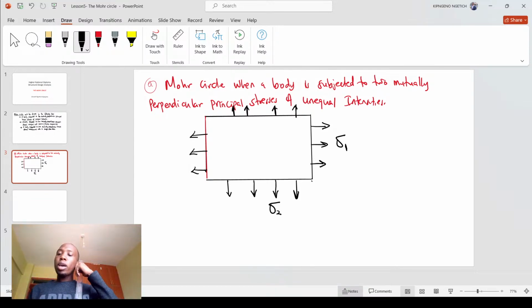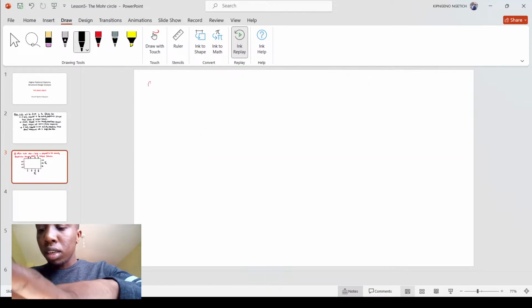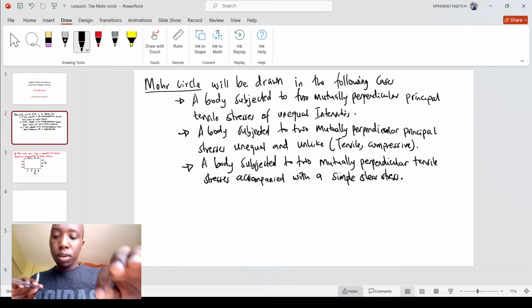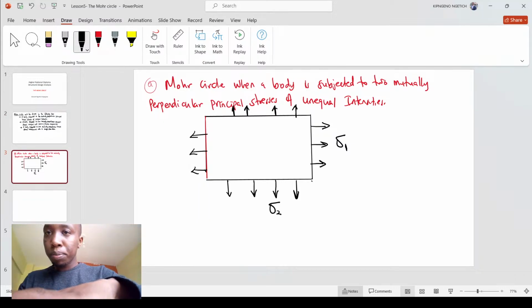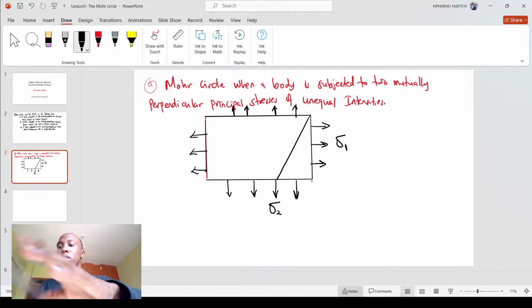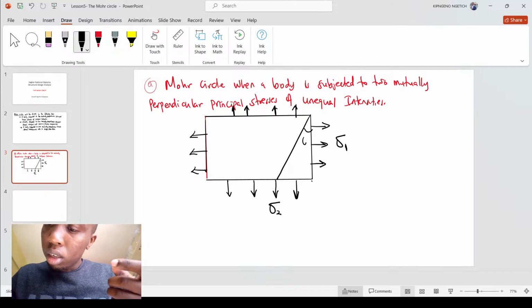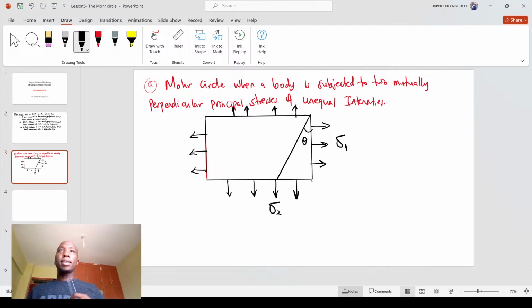So we are drawing the Mohr circle of a body that has been subjected to such stress, and we were looking at an oblique section with an angle theta.